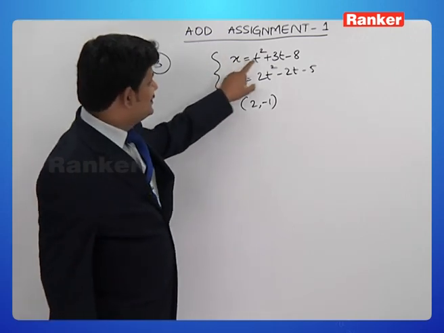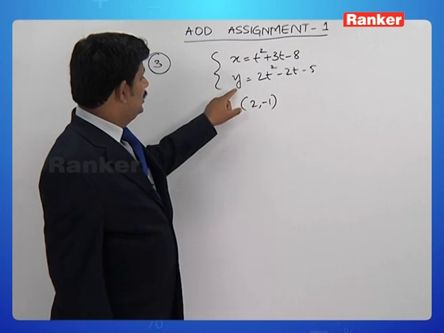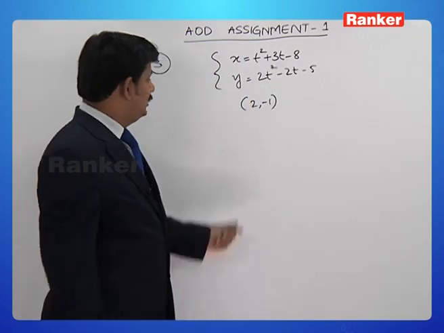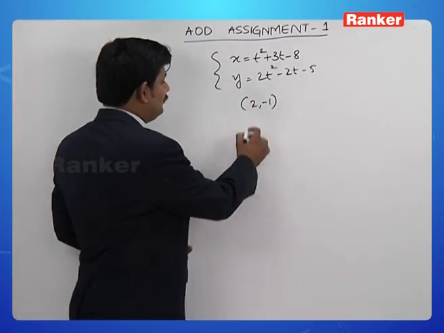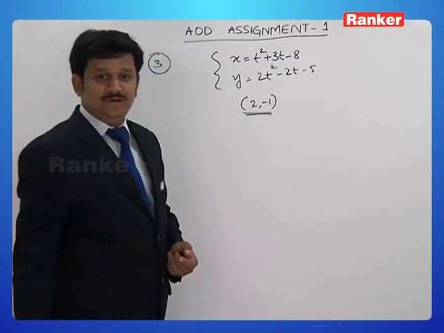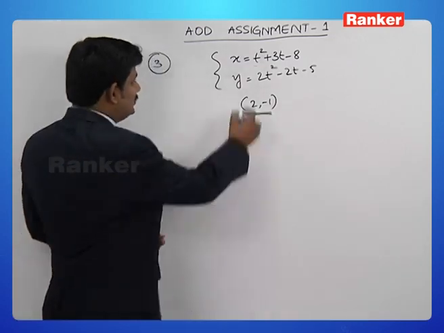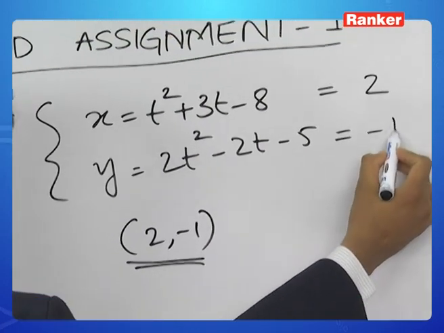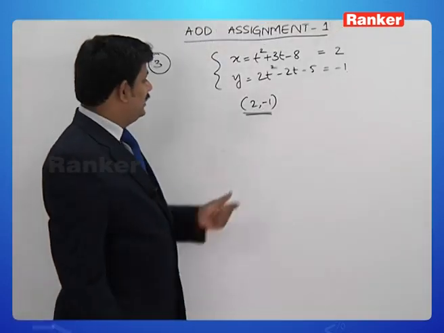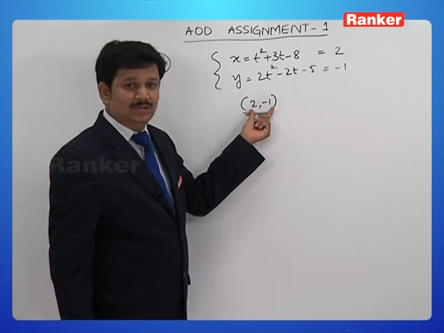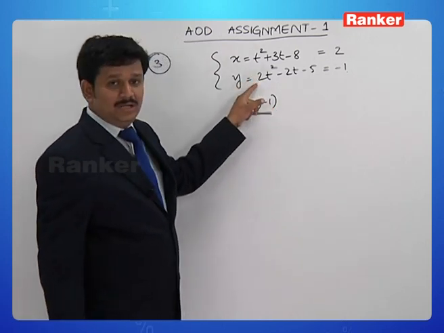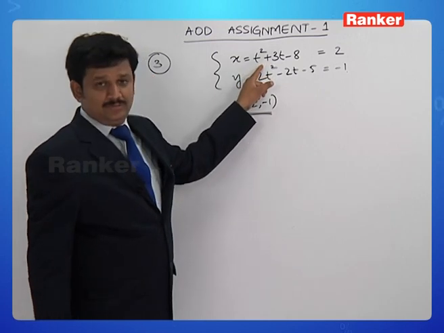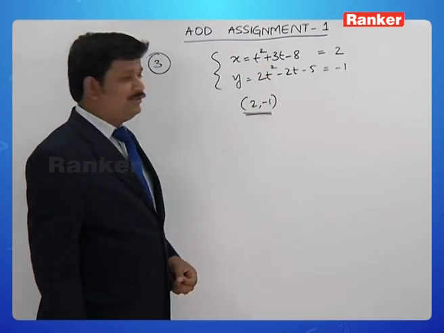You can see x is given as a function of t, y is given as a function of t, and the coordinates of the point at which we have to find the slope are 2, minus 1. That is, the x coordinate is 2 and the y coordinate is minus 1. We can find the corresponding value of t by solving both the quadratic equations, and the common root will be the value of t.